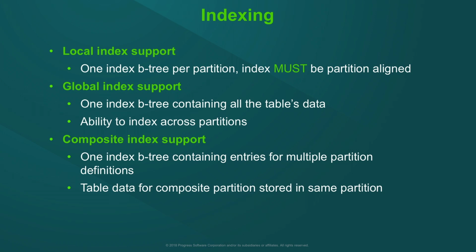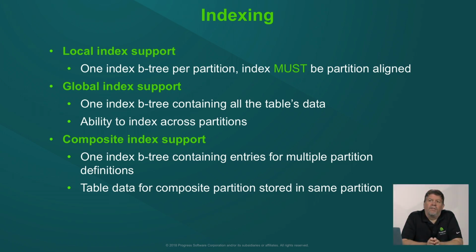If I change a component of an index, it affects all those indexes that have that field as part of it. So I have local indexes, I have global indexes. A global index can go across partitions. So if I have a global index on order date, it goes across all the partitions of the years of order date. I can have composite indexes.